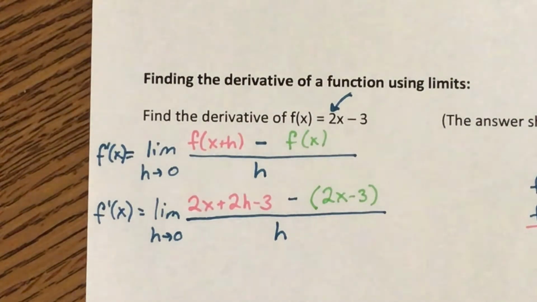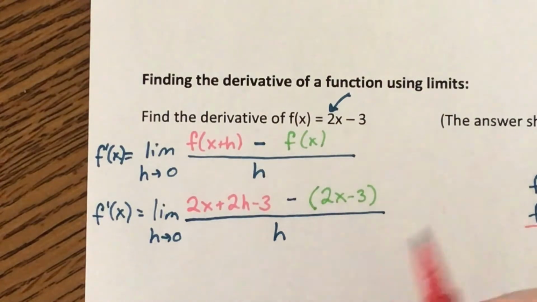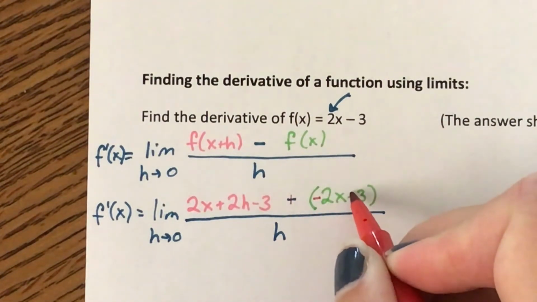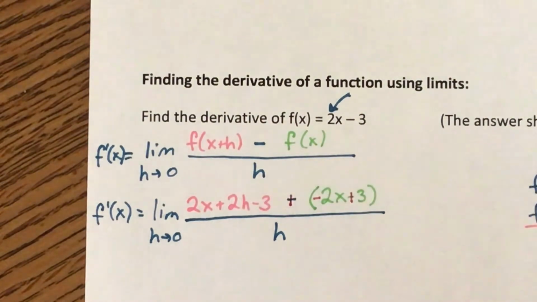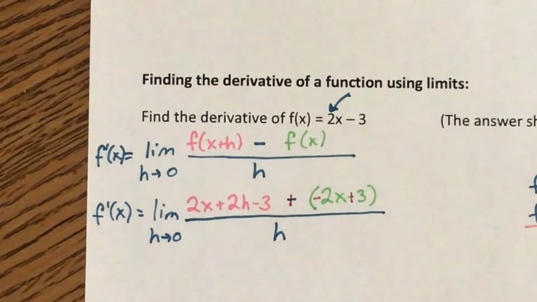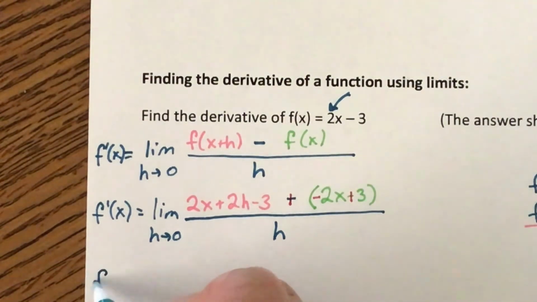And now that we have put in that minus, we can go ahead and distribute it like a -1. So make it a plus, make that a -2x, and make that a +3. Okay, so spend the time actually going through and doing that. I know you can do some of this stuff in your head, but show that it was a minus and that you're changing all of those signs. All right, bring it down.